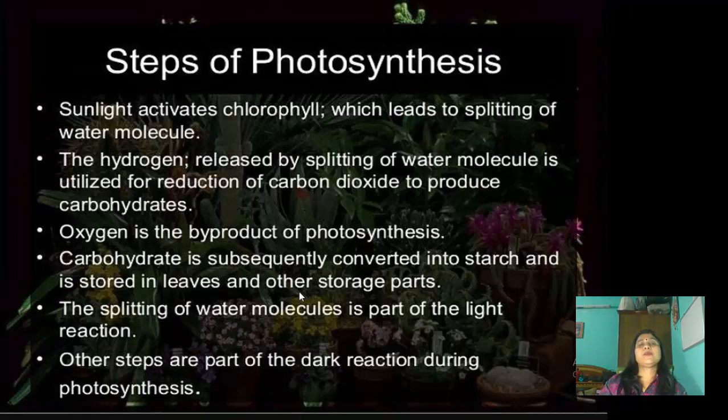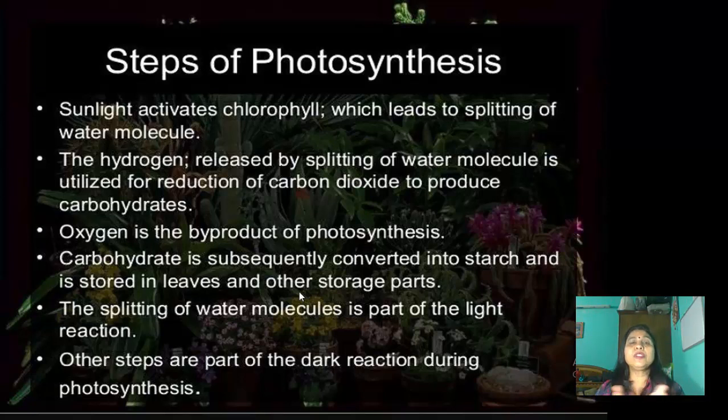Now, what are the steps of photosynthesis? Till now we have learned the raw materials for photosynthesis and the conditions which are essential for photosynthesis. First of all, the sunlight activates chlorophyll, which leads to the splitting of the water molecule.